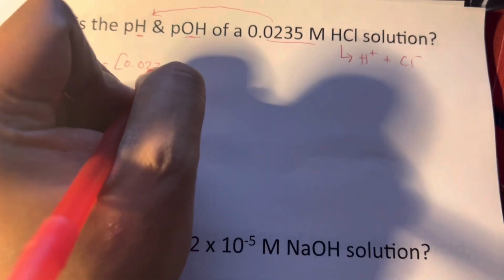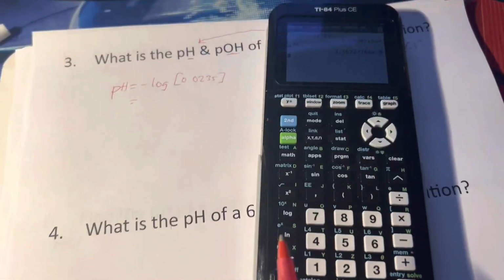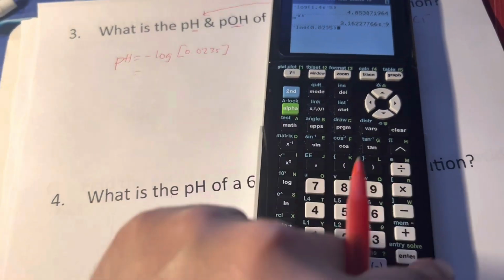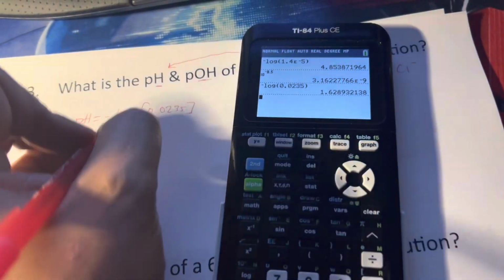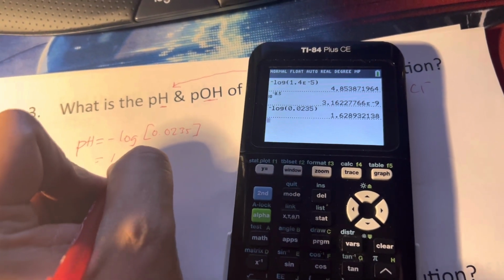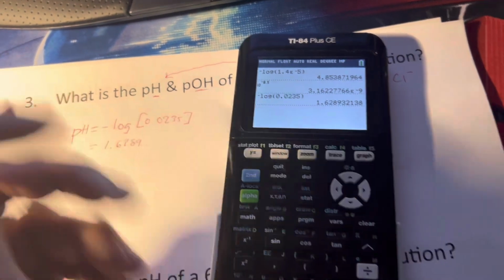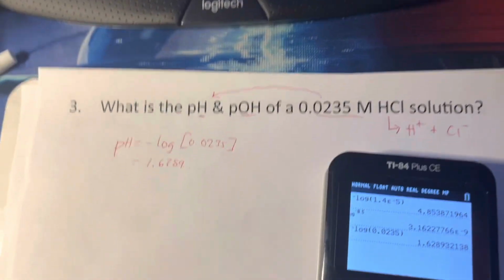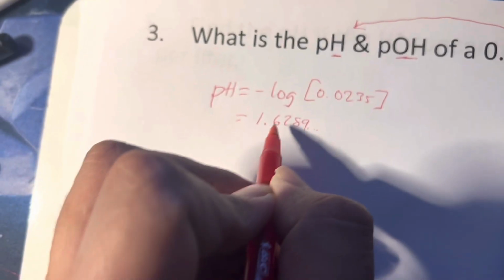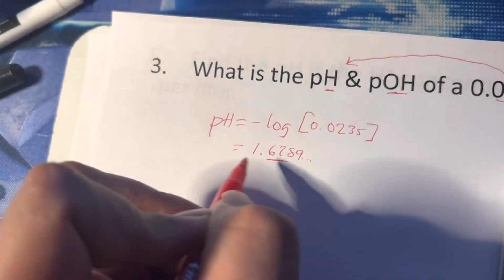The pH is the negative log of the hydrogen ion concentration, so it's negative log of 0.0235. The pH is going to be 1.6289 something. However, I have 3 sig figs, so after my decimal I only have 3 numbers.